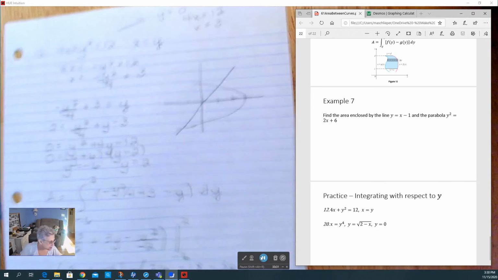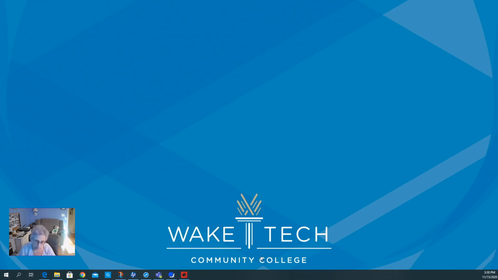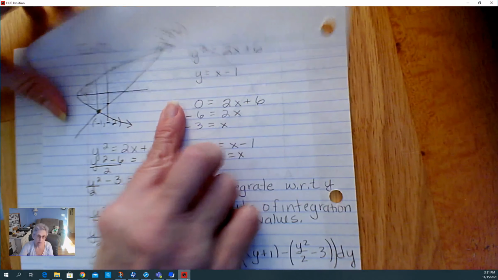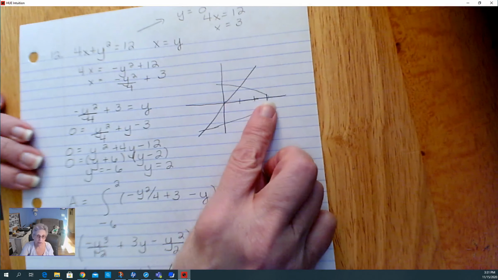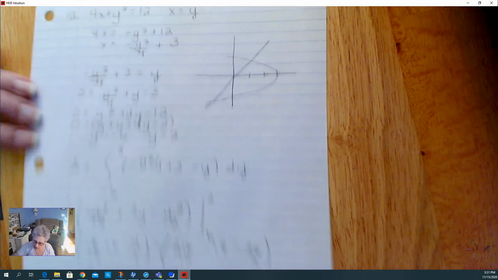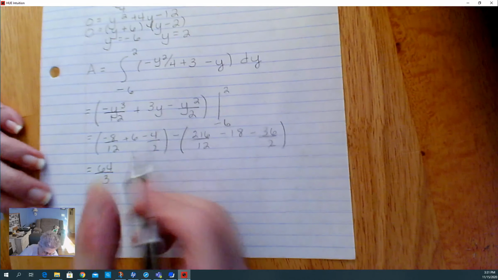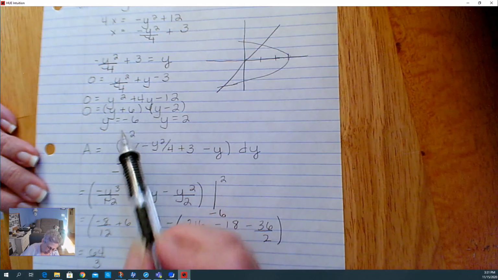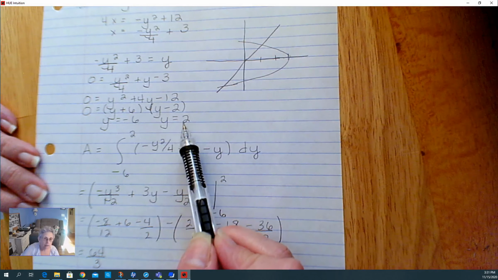If they're both positive when they're on opposite sides of the equal mark, then it opens to the right. But if one's positive and one's negative, it's opening to the left. Okay, so I sketched my little graph, set them equal to one another, and found out they cross when y is equal to -6 or 2.